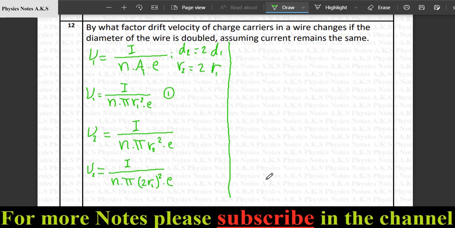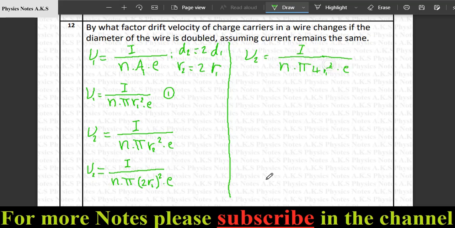So I can write again V2 equals current divided by number density multiplied by pi multiplied by 4 R1 squared multiplied by e. The 4 is because of the 2 squared under here. So I can separate this fraction.